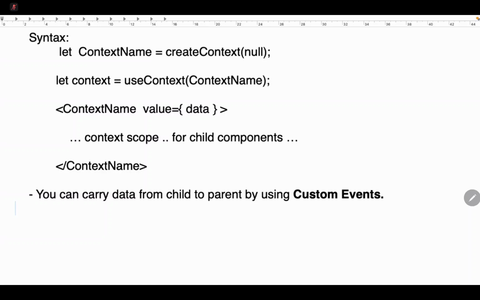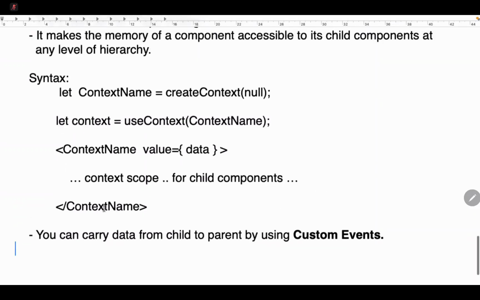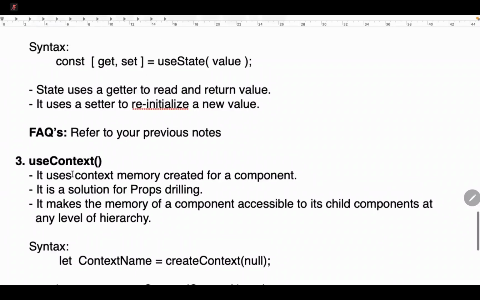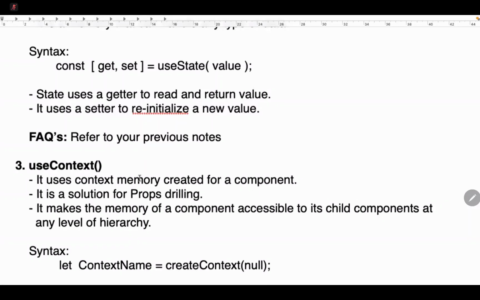By using context. Filter value, sorting value, searching value, we will pass from parent to child. I already showed you in the shopping app. We can transport from parent to child, and it will get that and use it. Child to parent also I showed you with add to cart. I showed an example, right? Add to cart sends from child to parent. We can create our own custom events and trigger the data. So this is another one for memory. useState and useContext.